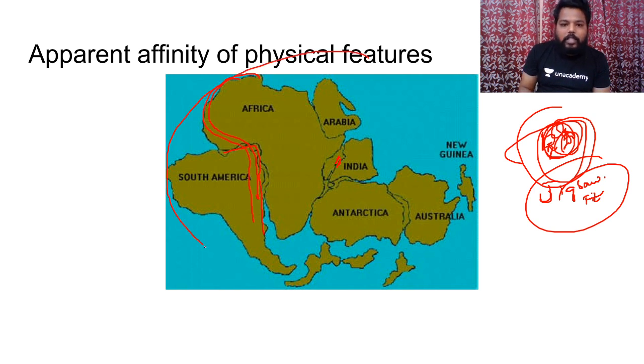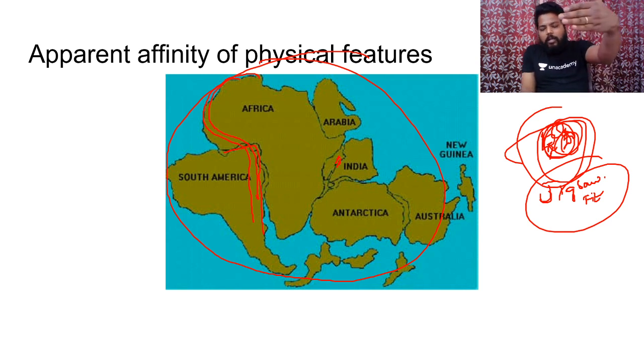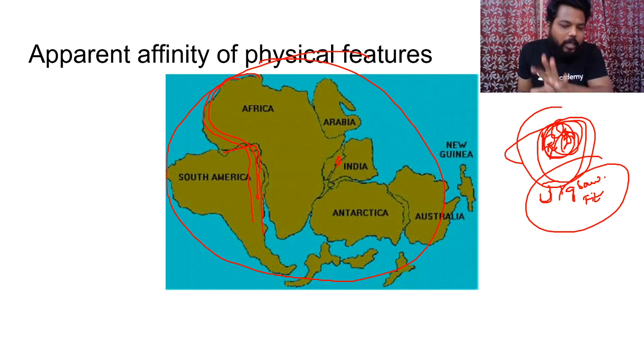Because of these coastal proximities, it was the first evidence given by Alfred Wegener, and it is truly appearing correct. If you open your atlas and place it at some distance from you, all the continents appear to be part of one another, like one single continent itself.